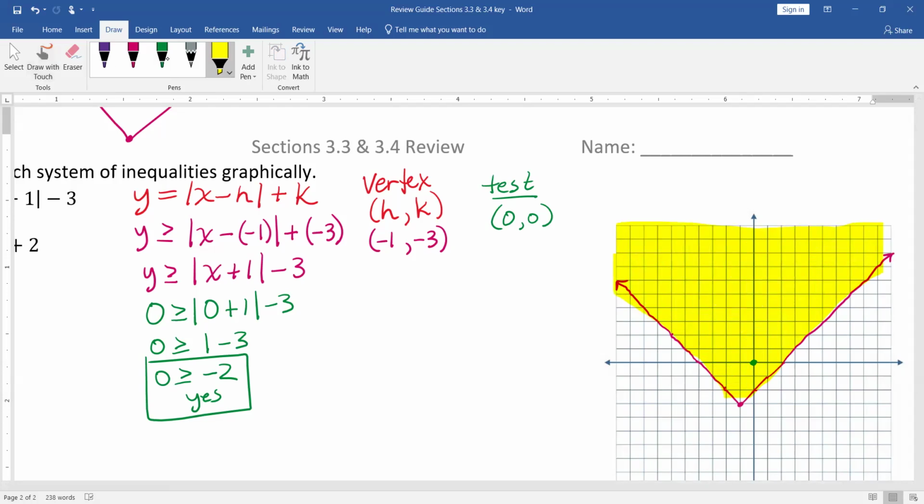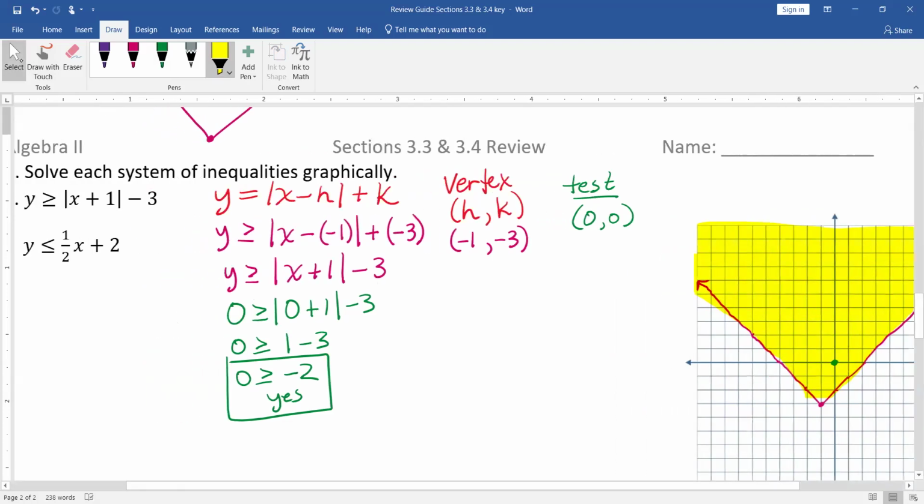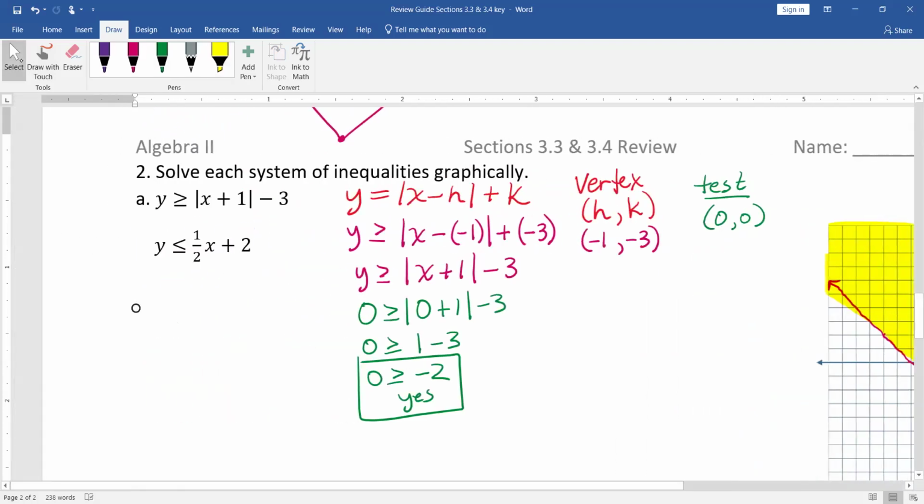Okay, so I'm going to highlight the part that includes the origin since it gave me a true statement. Now let's go to the other one. Here we have our linear equation, and the formula for the linear equation is slope-intercept.